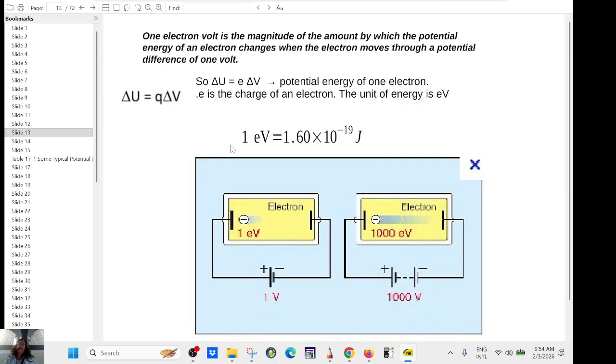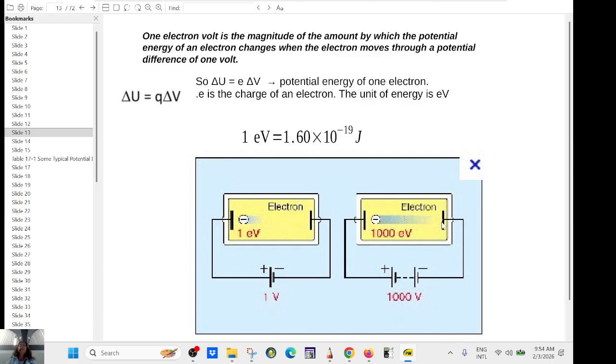So a battery, for example, if you have 1000 volts, what does it mean? It means that each electron delivered by the battery has an energy of 1000 eV relative to the positive terminal.